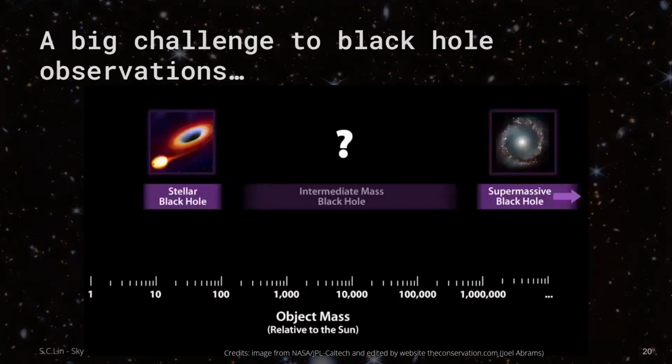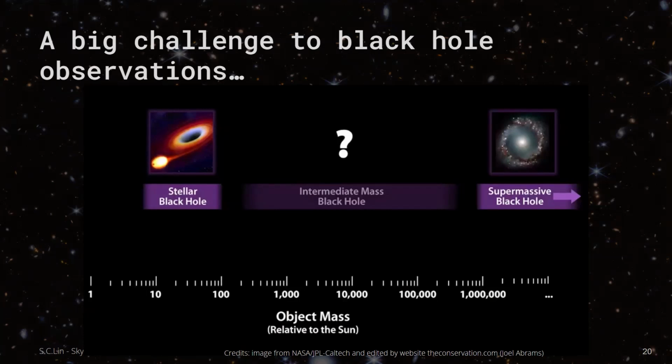So I've been talking about stellar mass black holes, and I talked about supermassive black holes. So where are the black holes that may have a mass between 1,000 and 10,000? That is the great mystery still in astronomy: we are hardly finding any intermediate mass black holes so far.